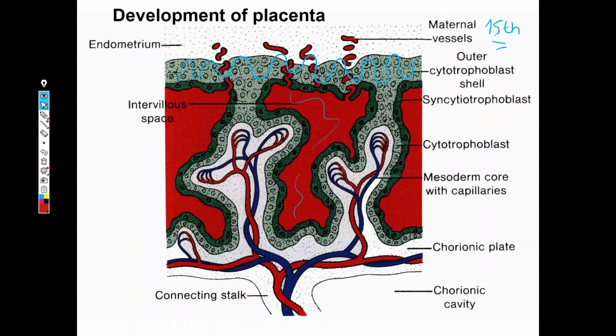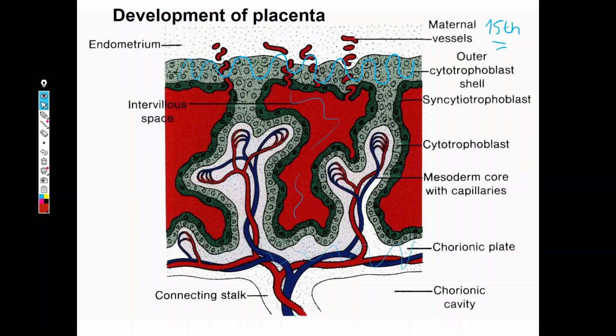That's when we talk about the developing placenta. The chorion frondosum differentiates into a chorionic plate. Right here, we have the chorionic plate. These are the chorionic plate, and here we have umbilical vessels inside.